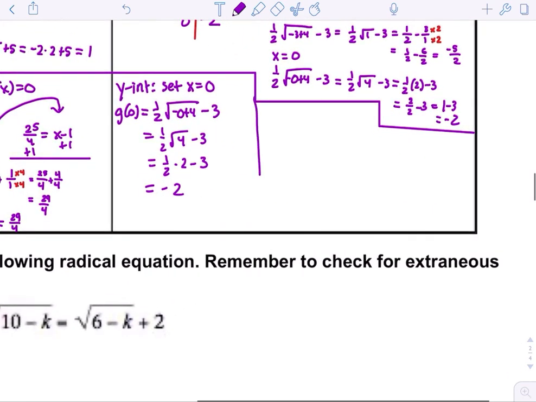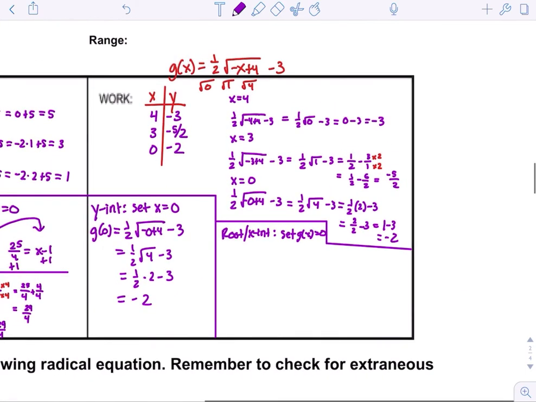Now we have to find our root, or x-intercept, same thing. So set g of x equal to 0. So 0 equals 1/2 square root of negative x plus 4, minus 3. So let's solve. Plus 3 to both sides. 3 equals 1/2 square root of negative x plus 4.